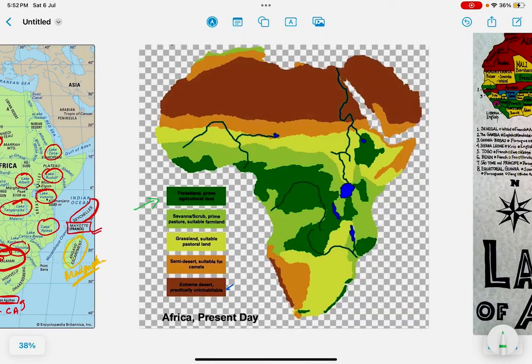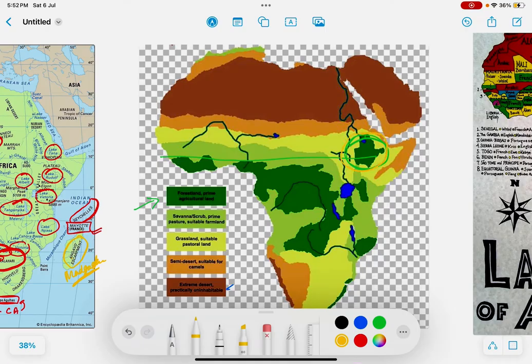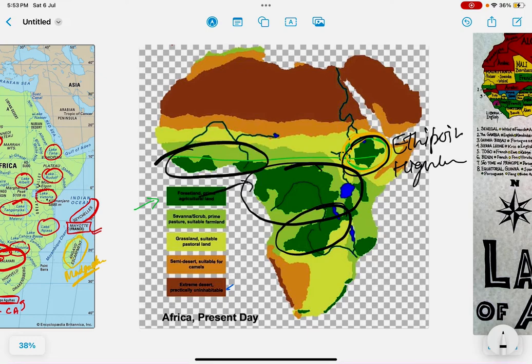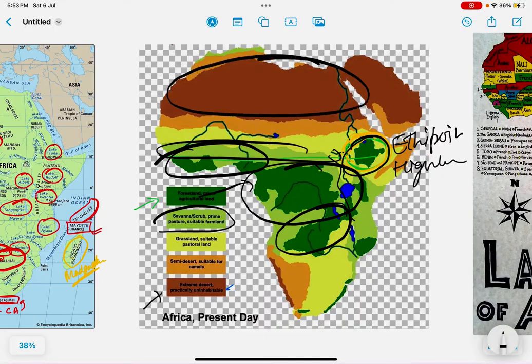So you can see the green area, this region is Ethiopian highlands. Then we have the Congo river system, then this part of Zambezi here as well, this is the green part. Then the savanna region, this region outside the green region is savanna region, and this is extreme desert.